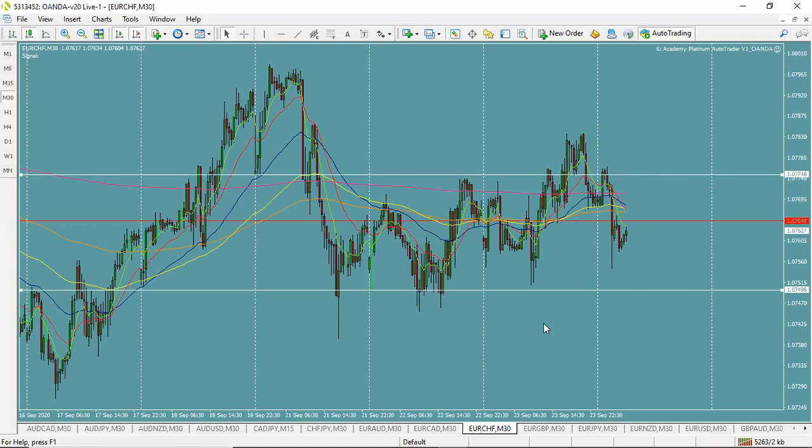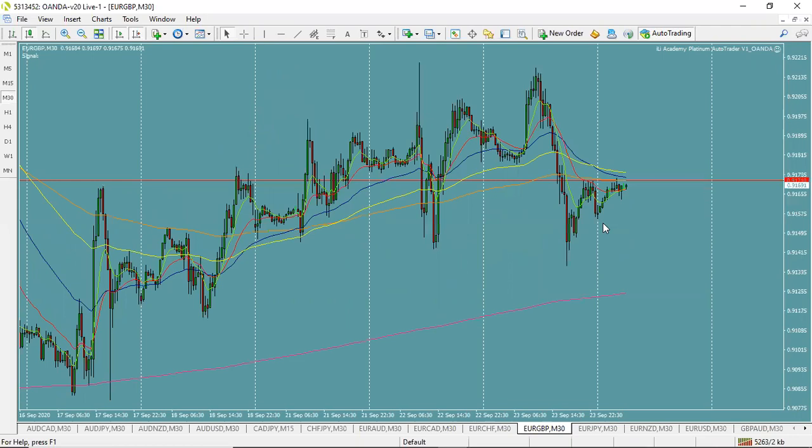On the Euro Pound, looking at this, it's discombobulated too. Not a whole lot there that makes me happy. If I'm going to play anything, I'm probably going to play this peak to this low for a Fibonacci retracement to the upside. The reason for that is we're above this 720. So I put on my Fibonacci retracement, draw from this top to this bottom.